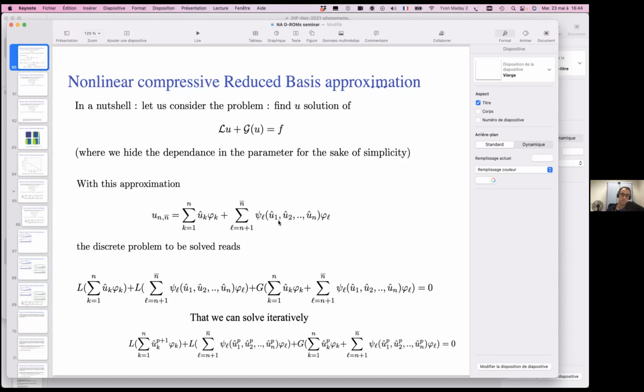It is a discrete set of parameters and a discrete set of snapshots. I see. So we learn this from preliminary computations, and we want to use it on another value of the parameter. Yeah, no, that makes sense. Okay.